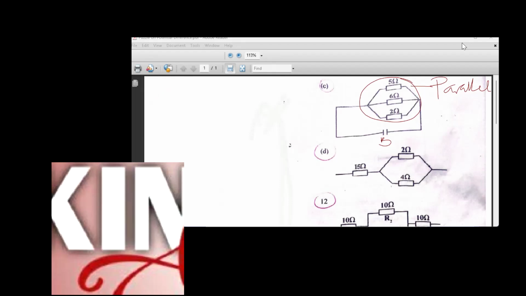That guides it. 1 over R is 1 over R1 plus 1 over R2 plus 1 over R3. So we can slot in our values, and at the end of it all, we have 1 over 5 plus 1 over 6 plus 1 over 2.